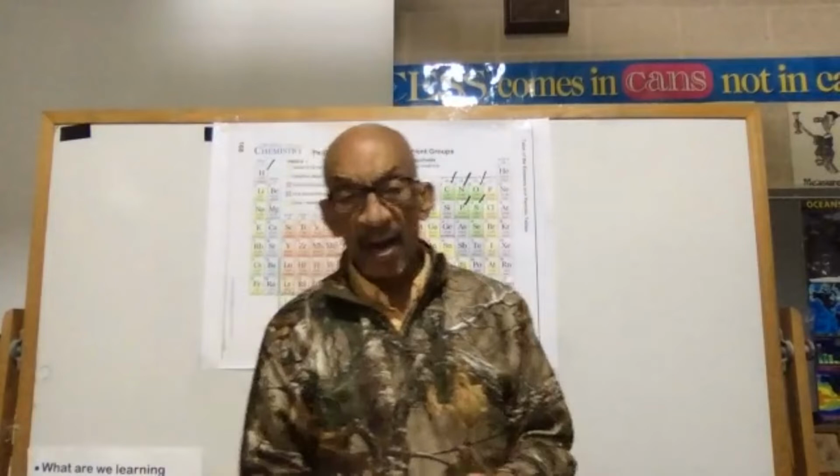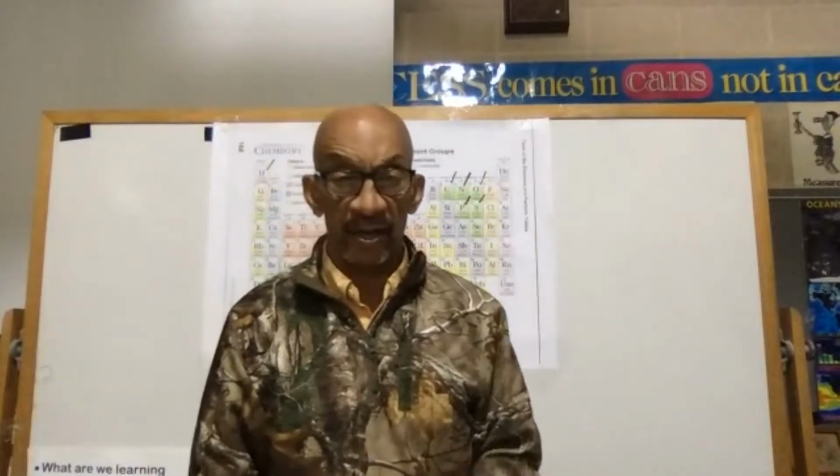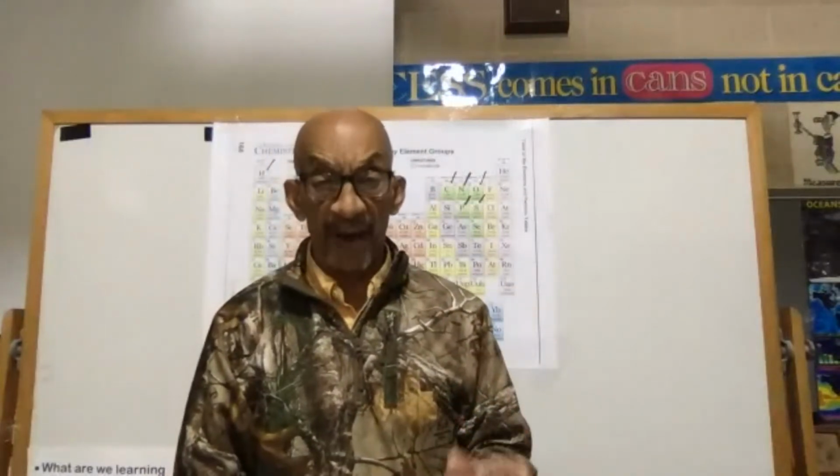But listen, guys, by now, you've probably been taught that the basic unit of all living things is the cell, right? Now, believe it or not, there are elements that make up the majority of the mass in living organisms. And that's what we're going to be investigating today.